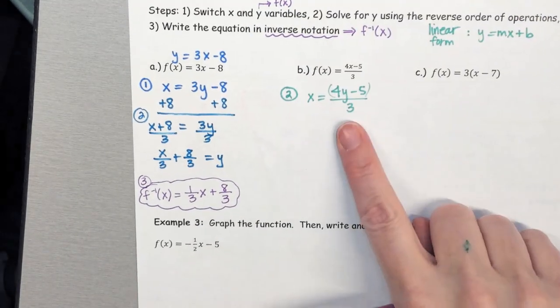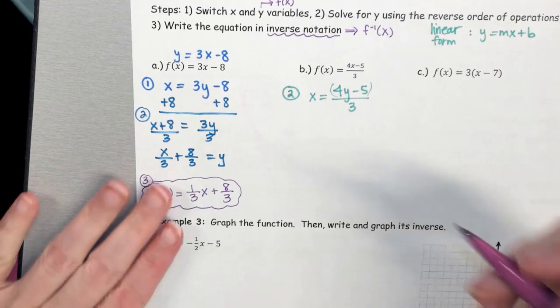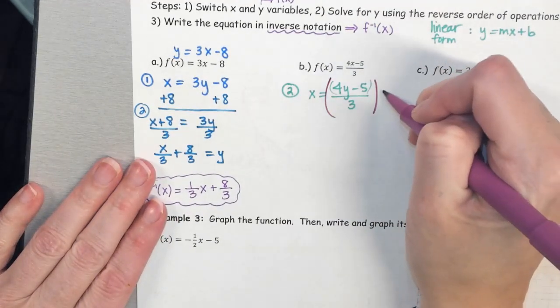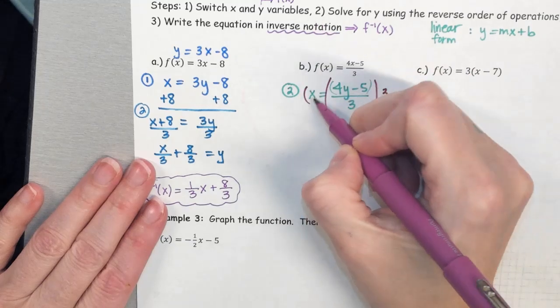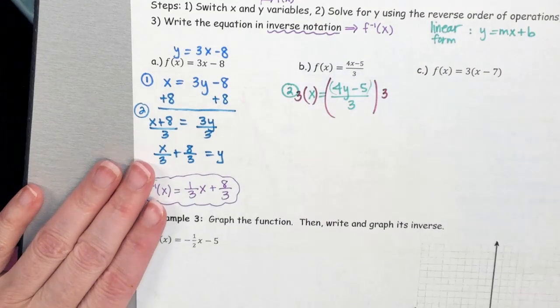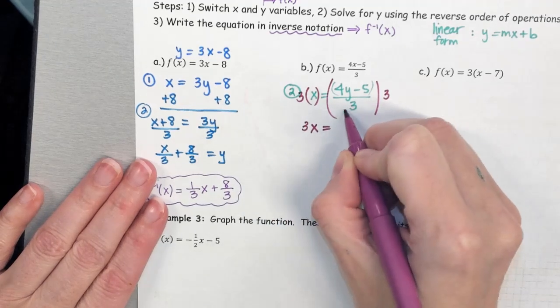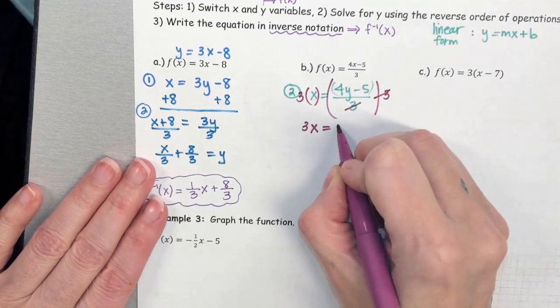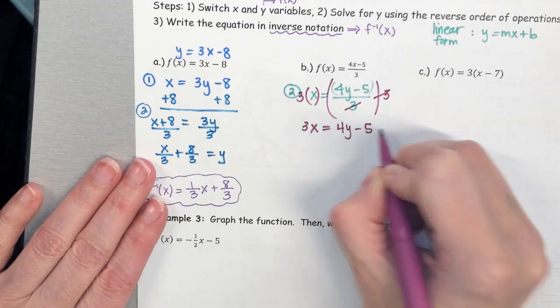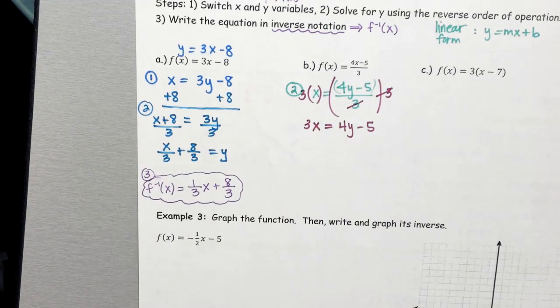How are we going to move over this 3? We're going to multiply. So to show that, we're going to put parentheses around what we're multiplying. We'll have 3x equals, and those 3's divide out to make 1. Okay, and then I want you guys to solve that for y, and then write that in function notation. And if you finish that, feel free to go to part.